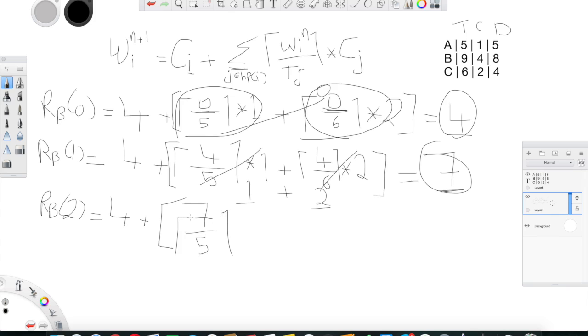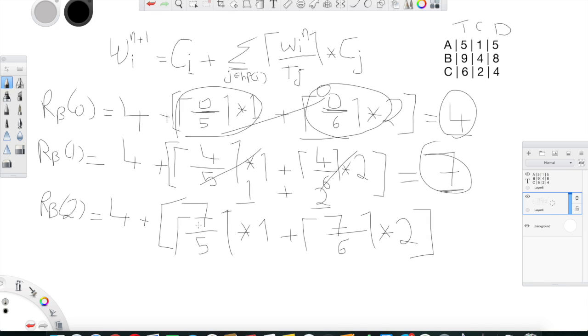Okay, all of this will be ceiled, multiplied by the computation time of task A, which is 1, plus another ceiling. The previous response time was 7, divided by the period of task C, which is 6, ceiled, multiplied by the computation time of task C, which is 2. And we close what? The summation.